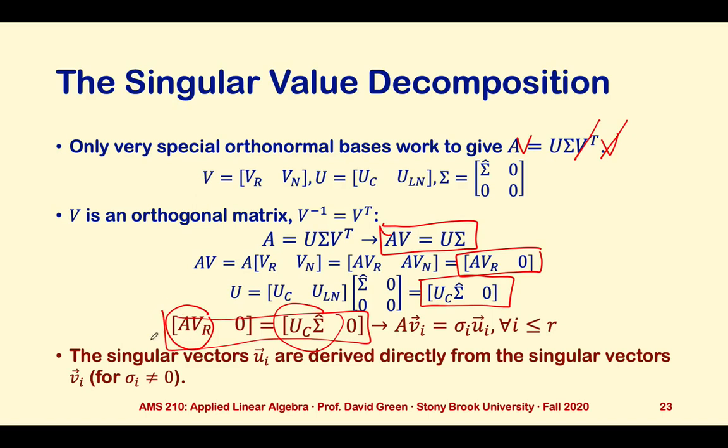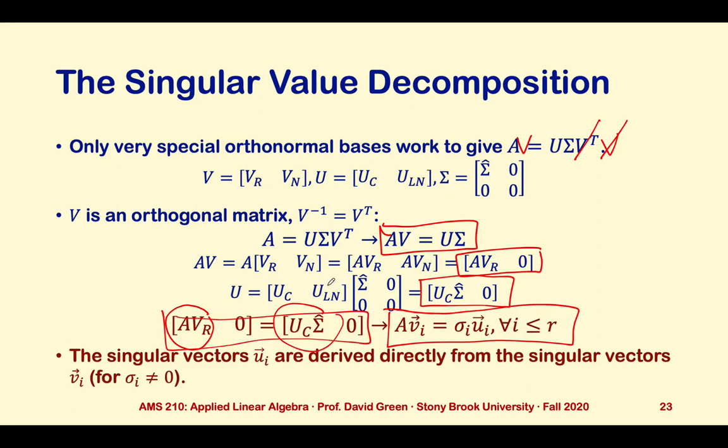When we multiply a matrix by another matrix, we can think of this as multiplying the matrix by each column of that. And so this can be equally well written in this form: A times each Vi is equal to sigma i times Ui for each of the i's less than or equal to the rank.